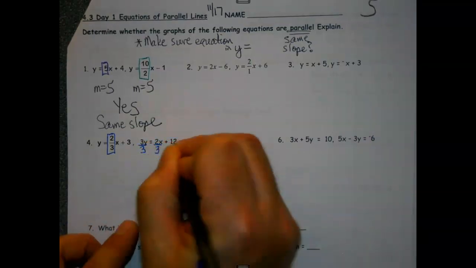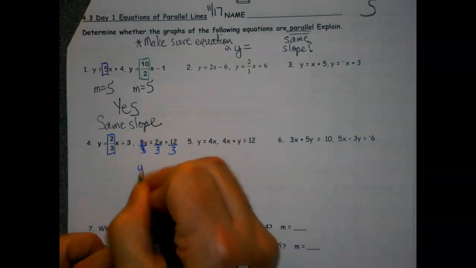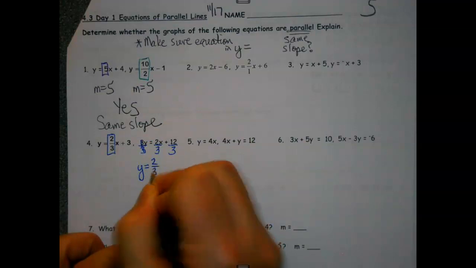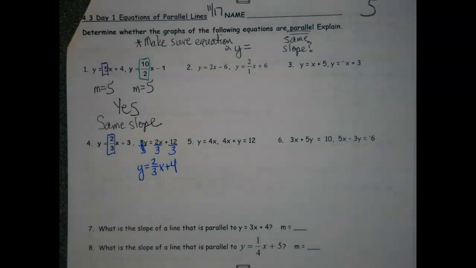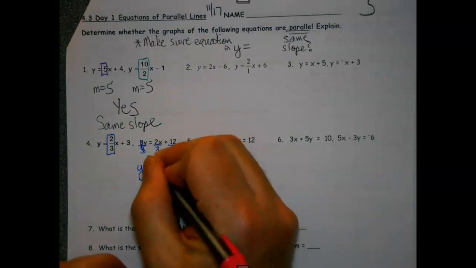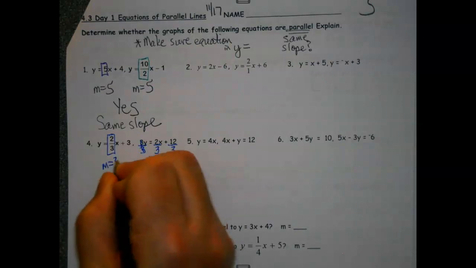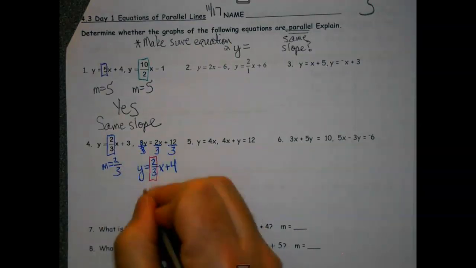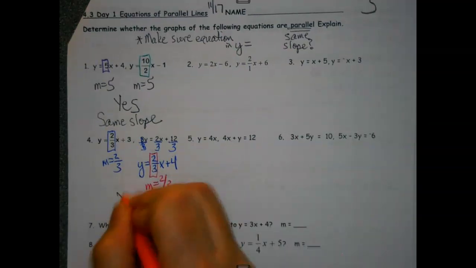So if I divide everything by 3, once we're in y=, now I can look at that number in front of x. And I look, and I'm like, oh, well, m is 2/3, because that's the number in front of x.